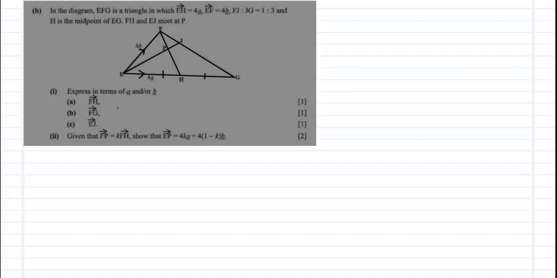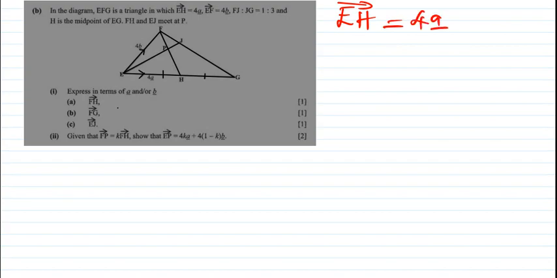So the question reads, in the given diagram, EFG is a triangle in which EH, and we're told vectors have a direction, implying that you're moving from E to H, is equal to 4 vector A, and EF is equal to 4B.